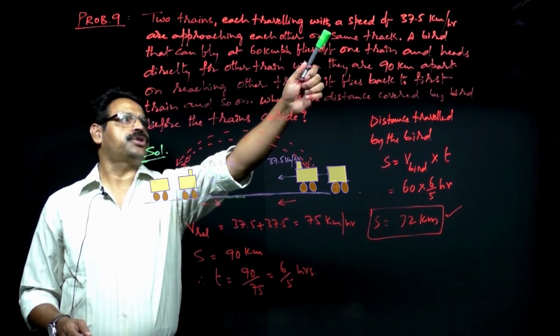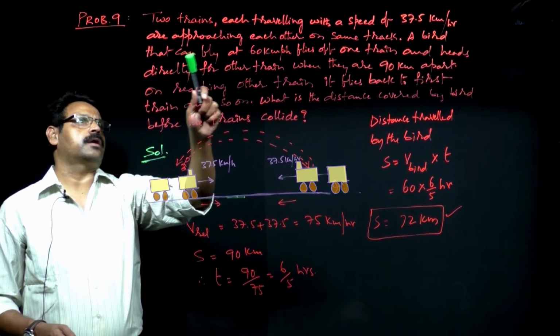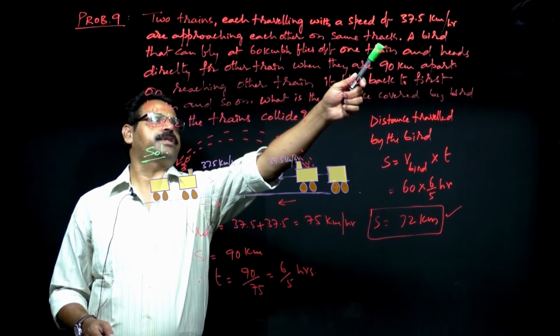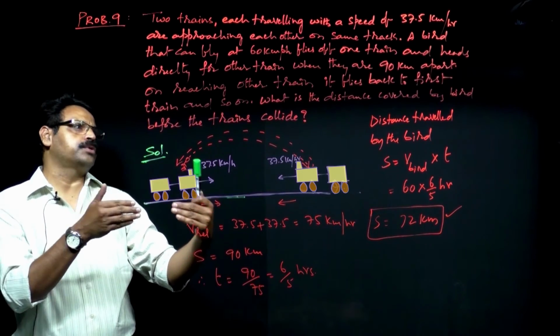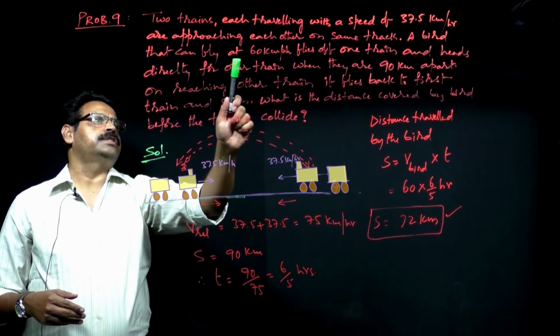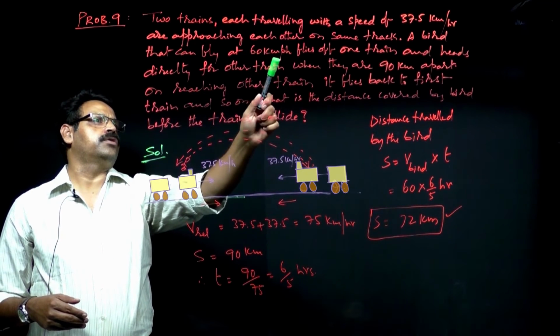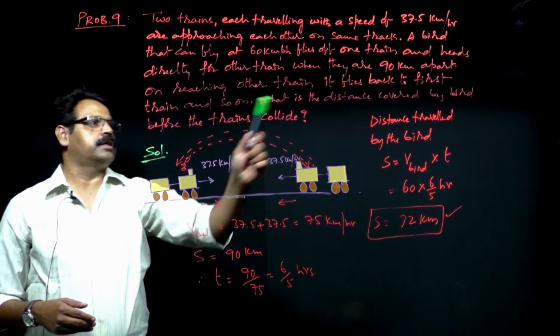Two trains, each traveling with a speed of 37.5 kilometers per hour, are approaching each other on the same track. That means two trains are coming opposite to each other on the same track. There is a bird on one train flying at a speed of 60 km per hour, heading towards the other train.